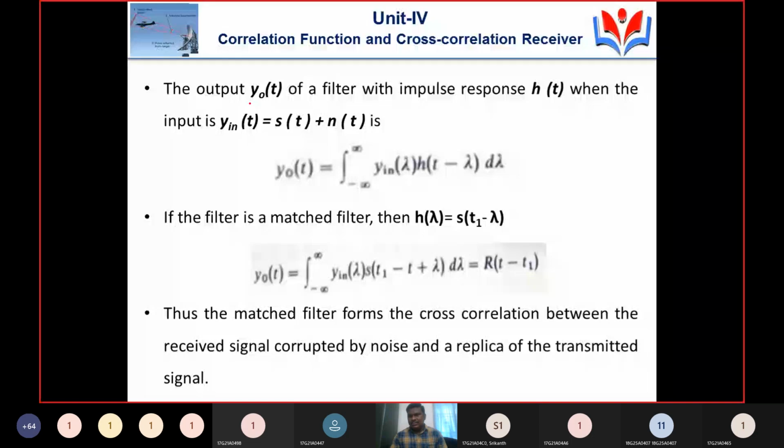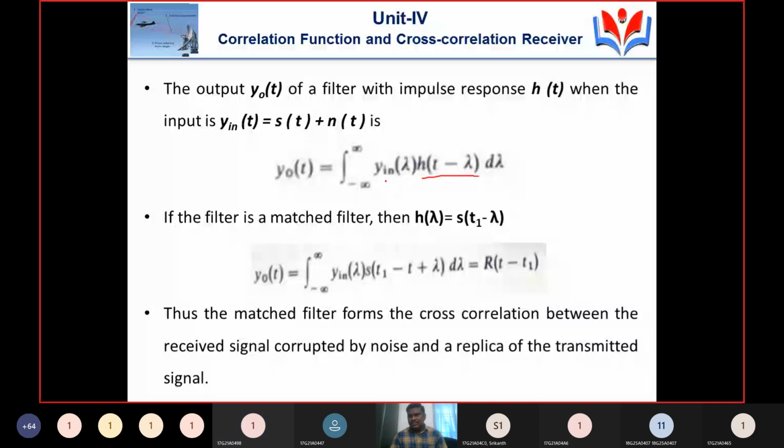Then the output of the filter is the input of the filter passed through the impulse response of the filter, so h of t minus lambda. So the input signal y in of lambda times h of t minus lambda d lambda is the output. This is the correlation. Sorry, this is the convolution of two signals.